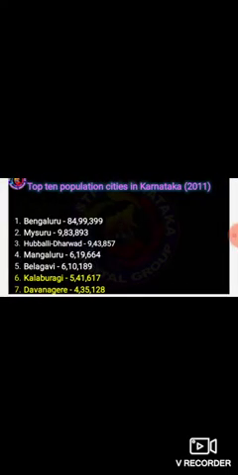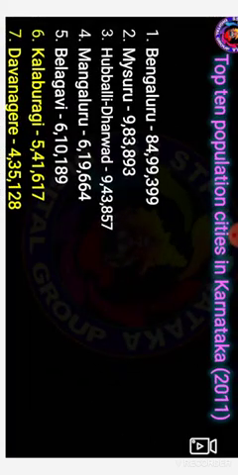And then next we have to see the top 10 population cities in Karnataka according to the census of 2011.